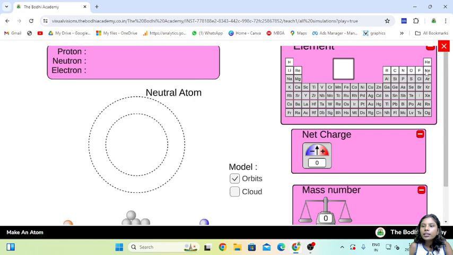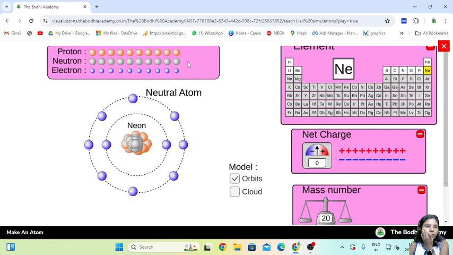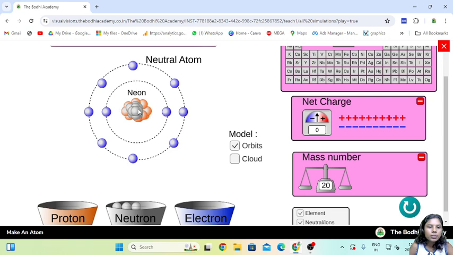Now let's look at neon. Neon is the noble gas, which means it has a full configuration. Let's look at the proton count: 1, 2, 3, 4, 5, 6, 7, 8, 9 and 10.